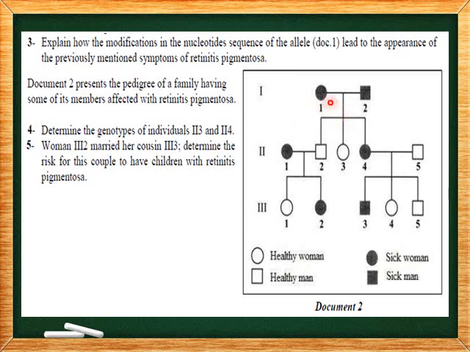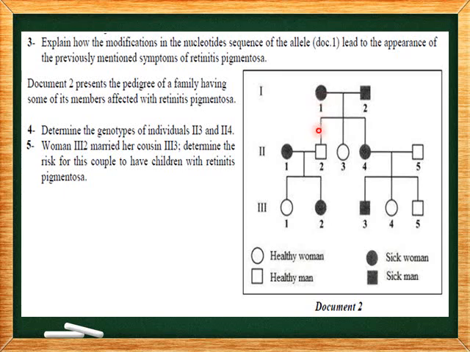So, we have to say that these two individuals are heterozygous. They carry the allele of the disease, but at the same time, they are also carrying the normal allele. But the normal is masked in 1 1 and it's masked in 1 2, which means that it is recessive for the normal and dominant for the disease, because in one copy it expresses the phenotype.